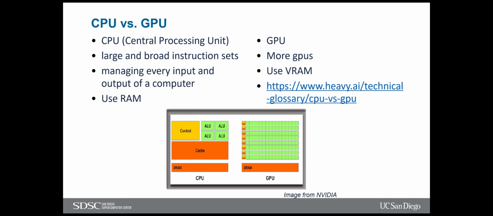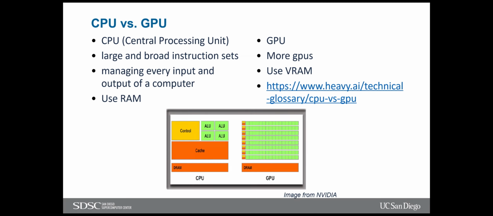So the CPU is kind of the head chef in the kitchen. The CPU handles all the tasks that are required for all the software on the server and to make sure that everything's run correctly. The GPU, on the other hand, is there to support the CPU, and it performs really specific concurrent calculations. What the GPU is designed for is to complete really simple repetitive tasks really, really quickly.